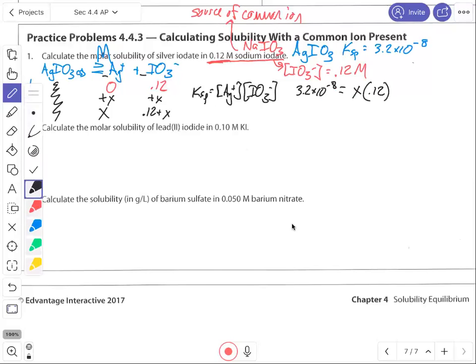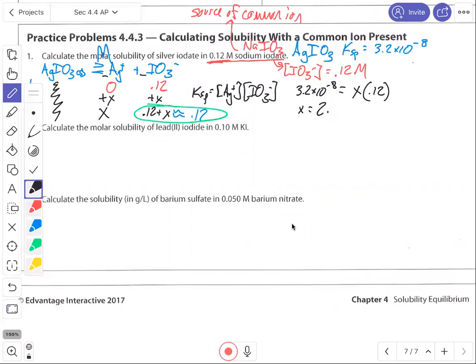If you plug that in, all you need to do to get X is divide by 0.12. Go ahead and divide and see what we get for 2 sig figs. 2.7 times 10 to the negative 7.